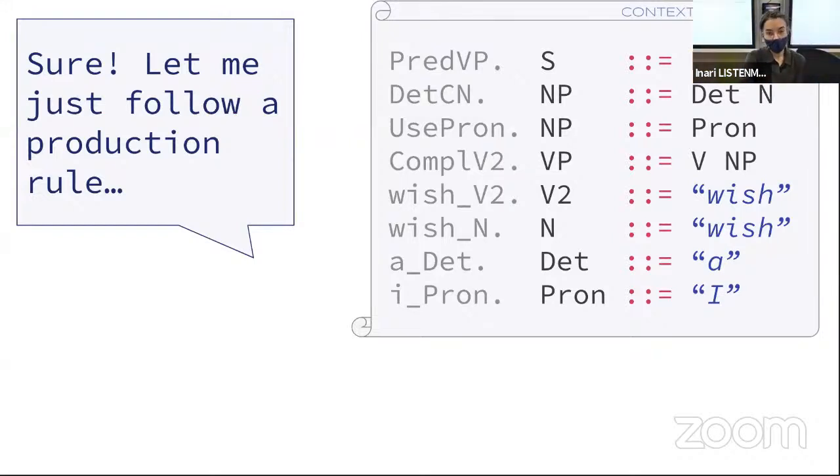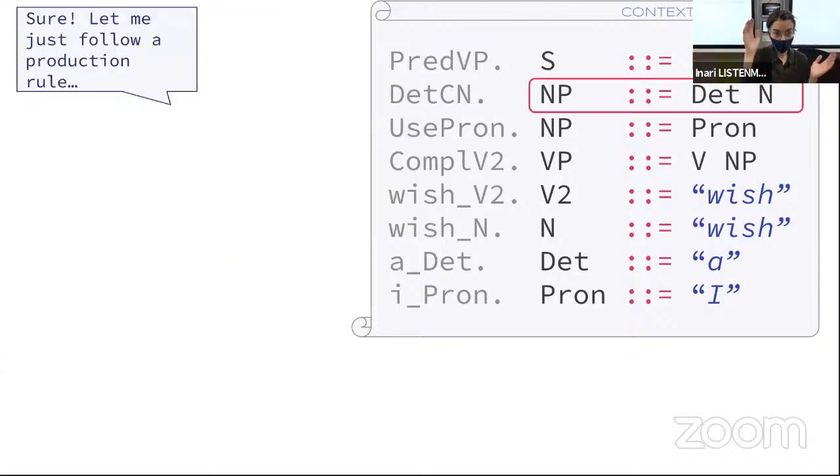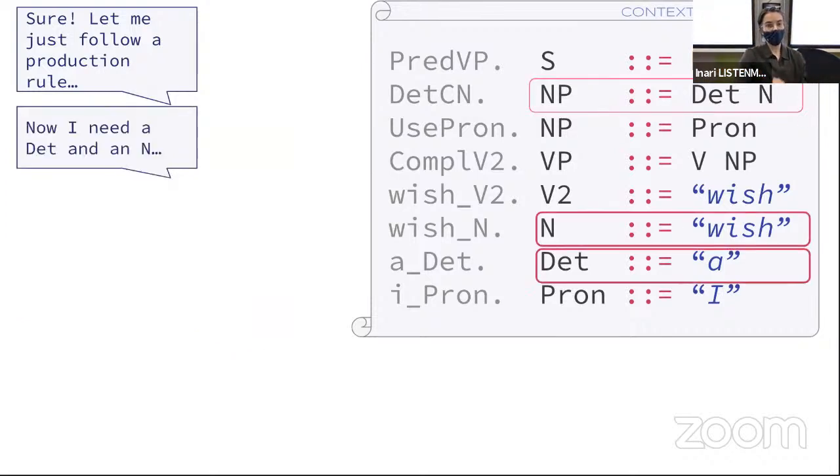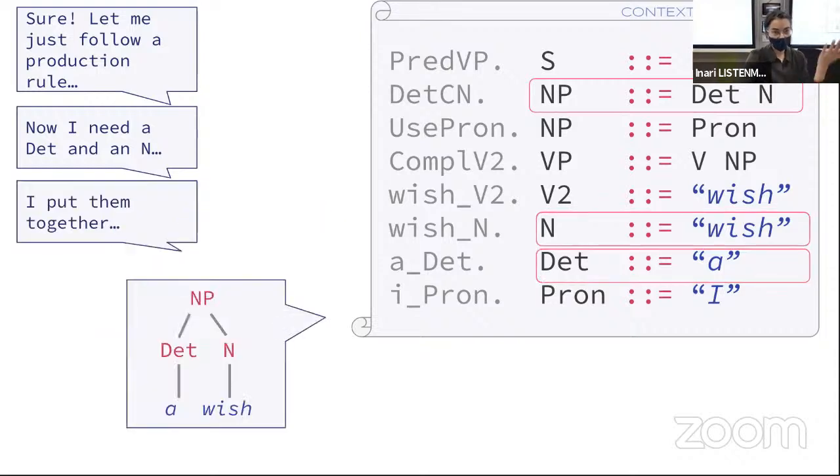It goes to a production rule like this, one of them. It could be the other one too, but let's choose this. And then it needs to find the ones on the right-hand side. So here's an N, here's a det. And then it just follows the rule, puts it together. And here's a tree which corresponds to a string. And this is a noun phrase.